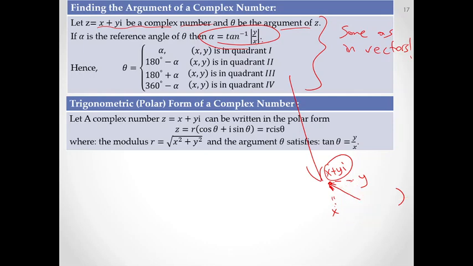We just say it is the complex number x plus yi. So same thing, theta is in here, and this alpha should be in here, the reference angle. Then we can find theta in the second quadrant, 180 minus alpha. It's the same thing.